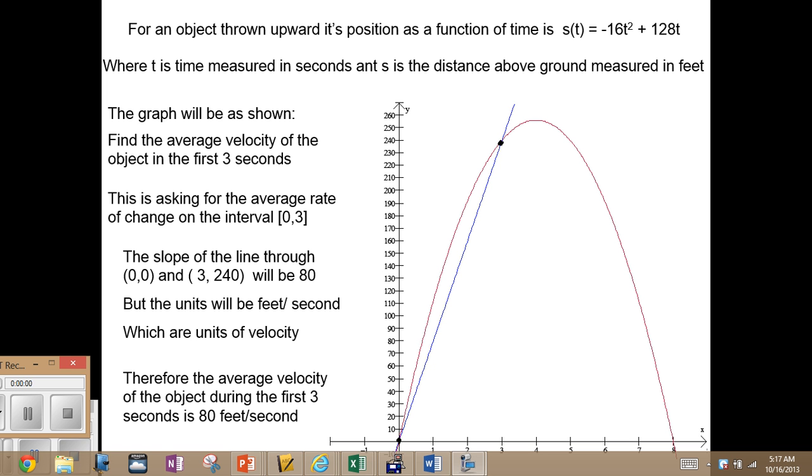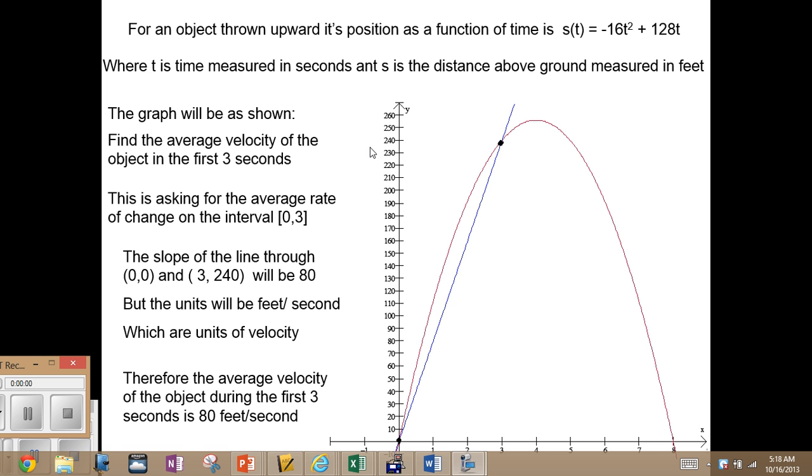So computing the average rate of change, the slope of that line, the difference in y is 240 minus 0 over 3 minus 0, or 80.